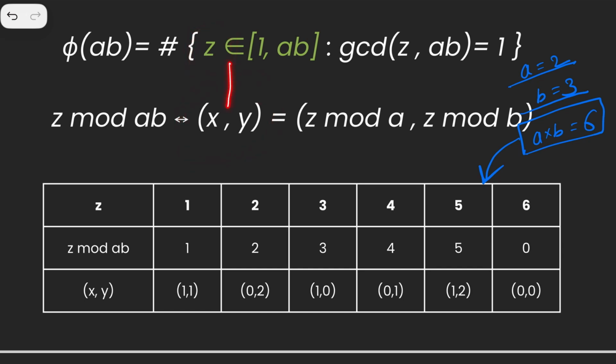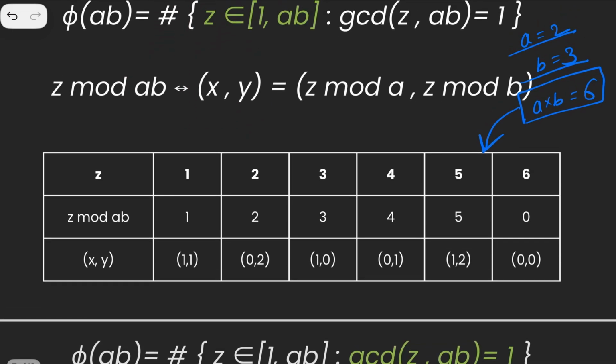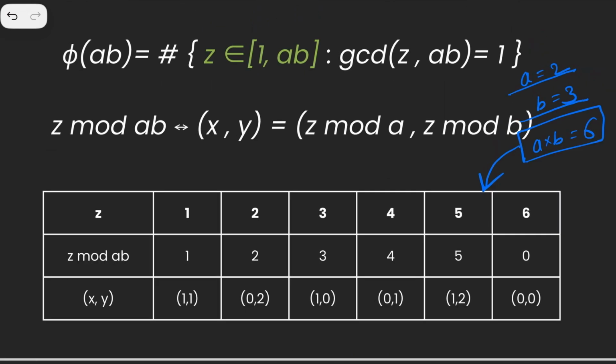This is the first thing that we derive from the first condition. Because you have a bijection here as well, rather than counting the value of z, you can count the pair x comma y. That's the first thing that we can understand from this observation.